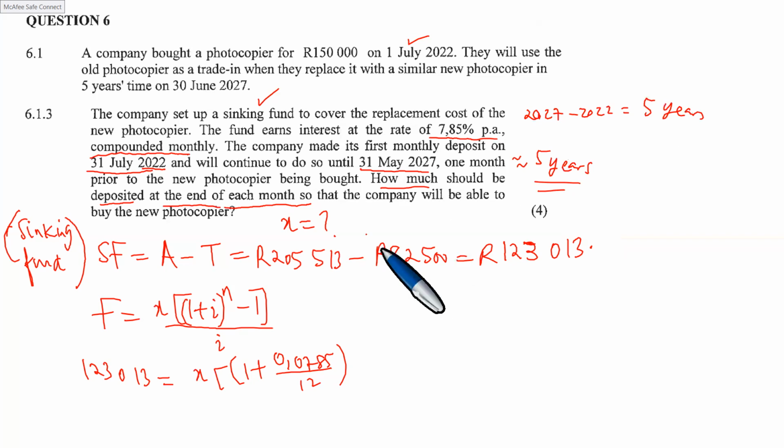Okay, but taking into account that it's not really the full 2022, the whole thing started in the middle of the year, right? And also now in 2027, it's not the whole 2027. It's actually until the end of May, 31 May.